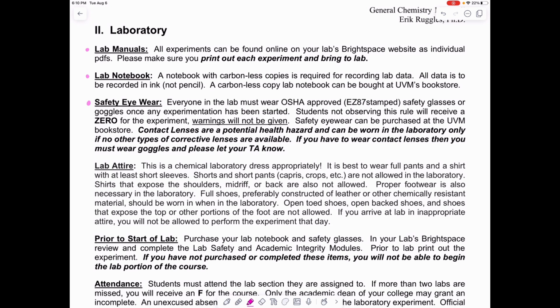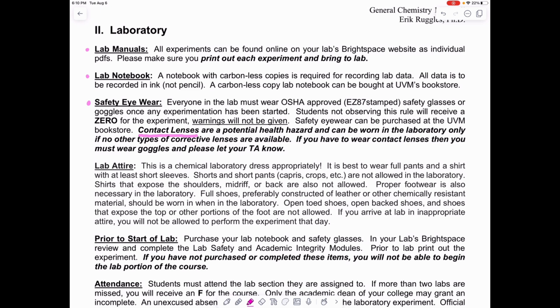Also, if you're a contact lens user, I would make sure you wear your spare pair of glasses. Contact lenses, the polymeric film could react with certain chemicals in the lab and fuse to your cornea. So we want to make sure we avoid that possibility.